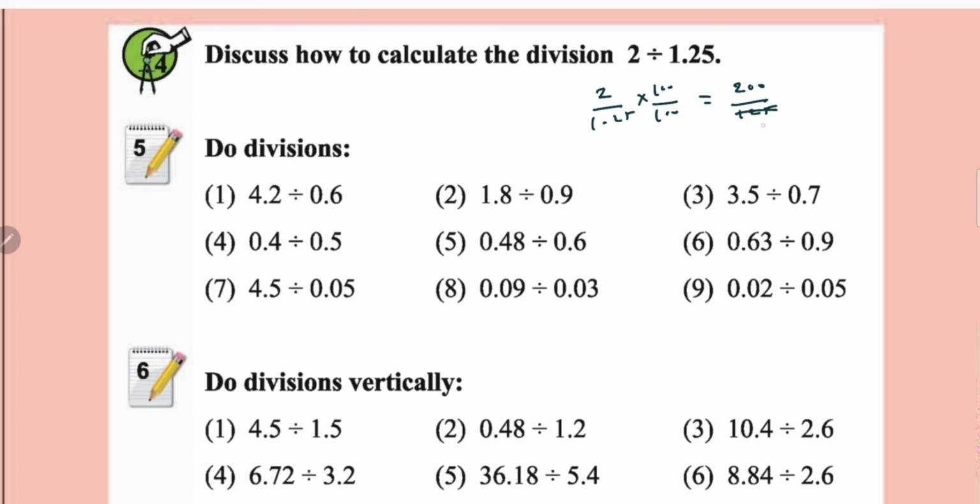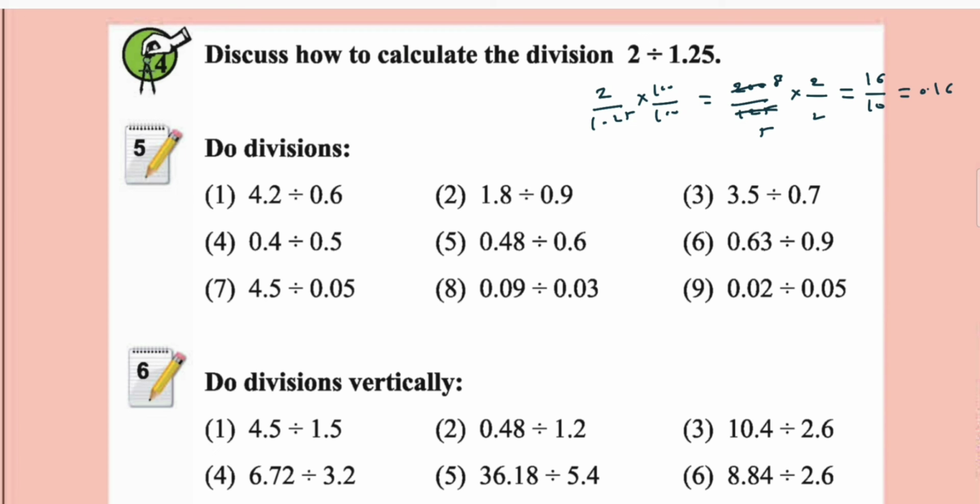How is it easier? 25 5s are 125, 25 8s are 200. So 8 by 5. Now multiply with 2 on both numerator and denominator. 16 by 10. What is the answer? 0.16.